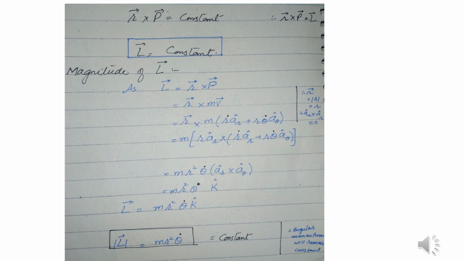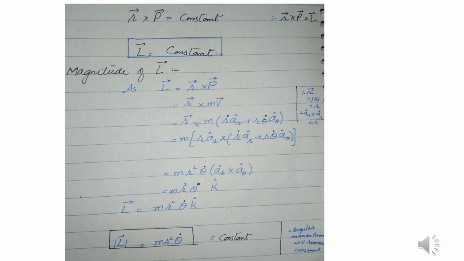We will write m r square theta dot into a_r cap cross a_theta cap. We know that two vector quantities having a cross product give a third vector quantity. The same is the case for the unit vectors. We can say that it is equal to k cap. So we will write m r square theta dot k cap.